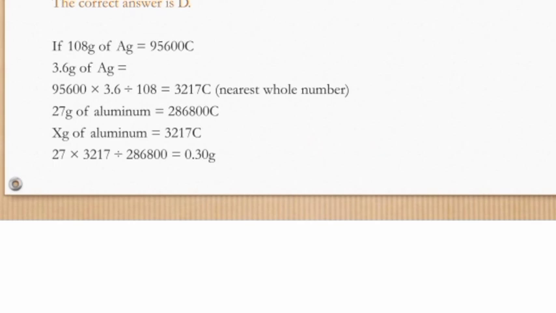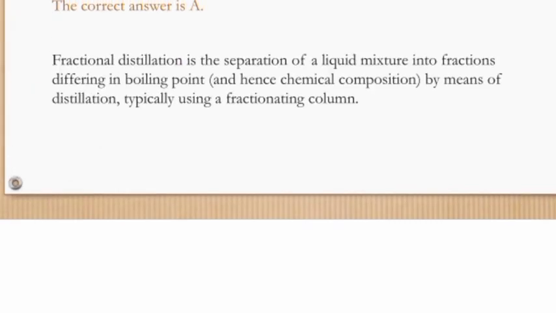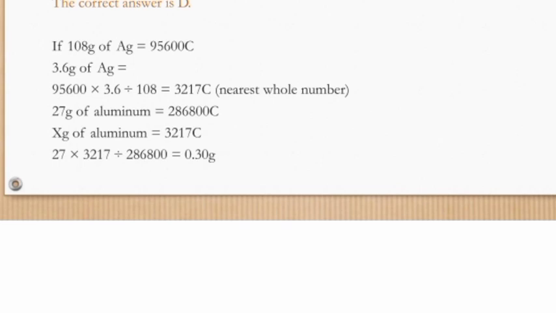For this monatomic element, if 108 gram of silver equals 96500, then what will 3.6 gram be?